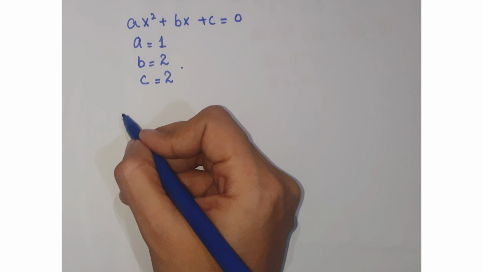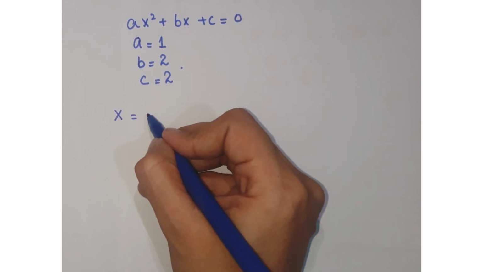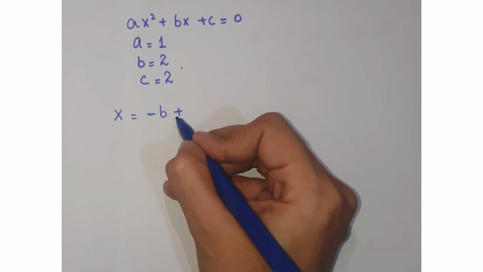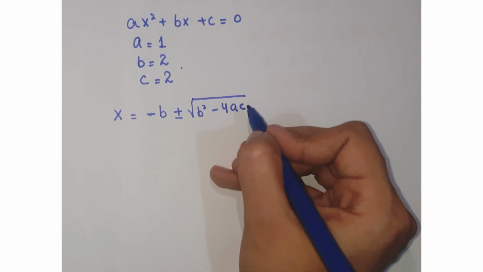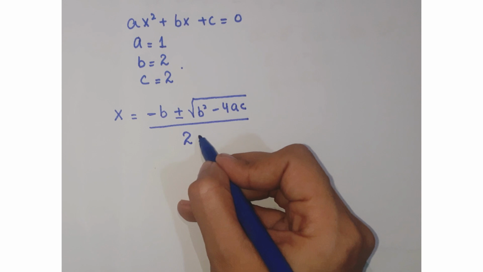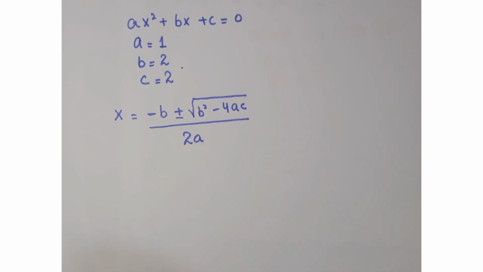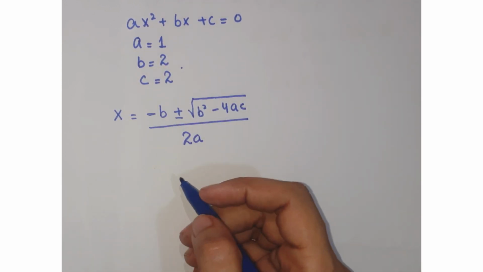Now applying the quadratic formula, that is x is equal to minus b plus minus under root b squared minus 4ac upon 2a, we can find out the two possible values of x in this quadratic equation.